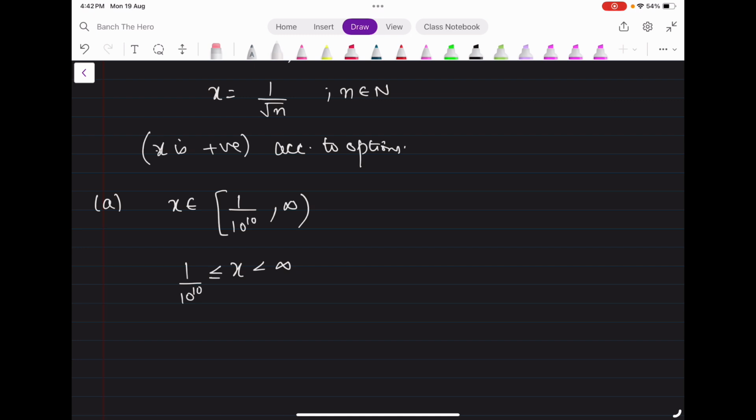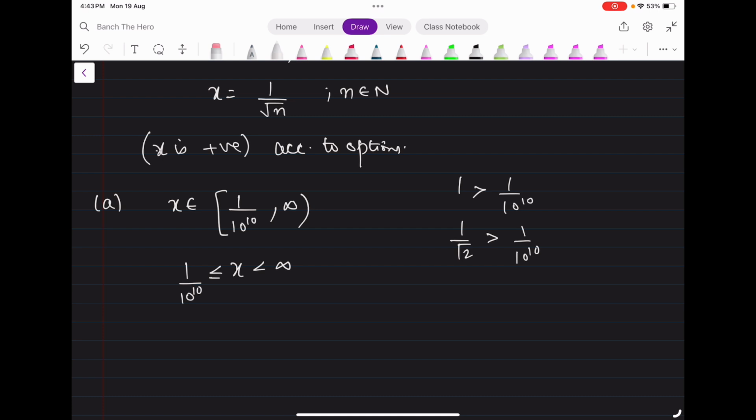Just for understanding purposes, if n is equal to 1, x will come out to be 1. The other number is 1 by 10 raised to power 10. Clearly 1 is greater. Similarly, if we take n is equal to 2, we have 1 by root 2, and here we have 1 by 10 raised to power 10. Again, 1 by root 2 is greater. How am I checking this?